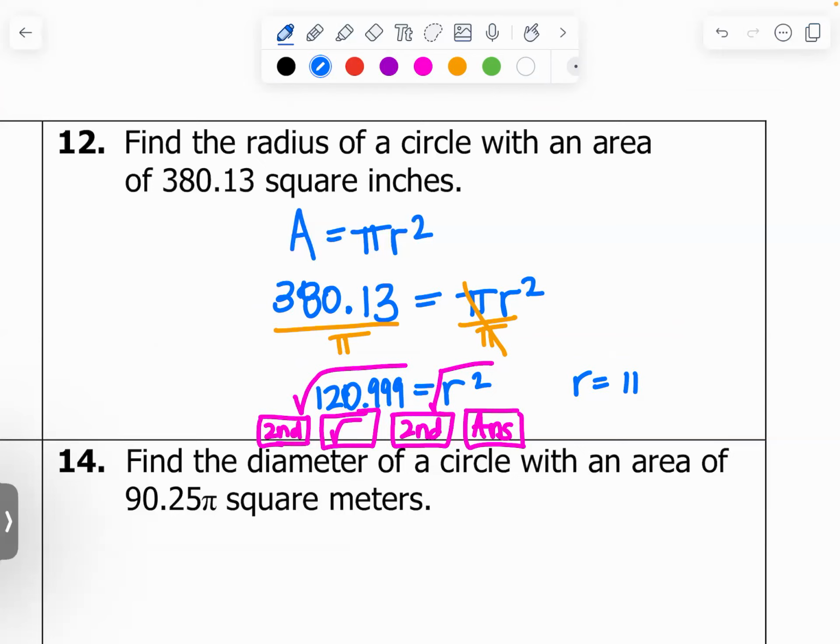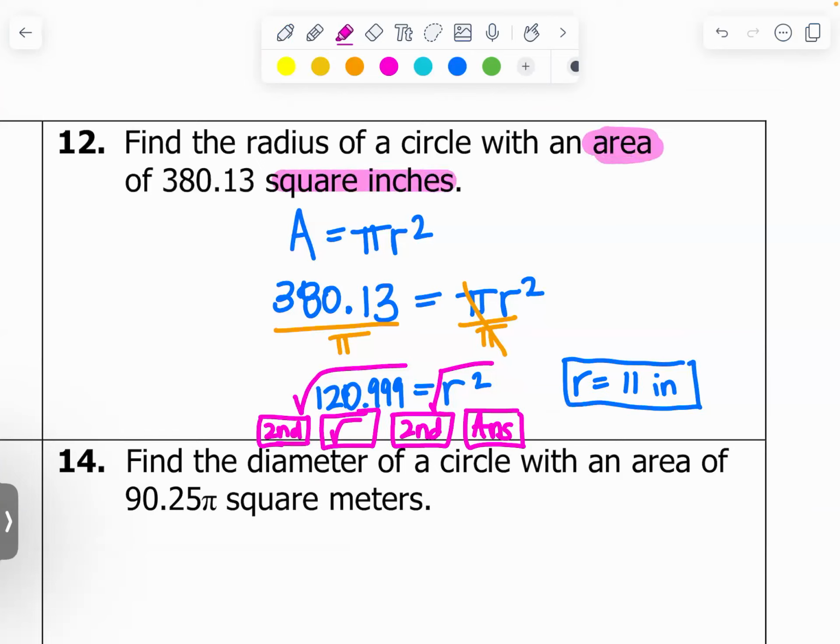Yard squared. We're on number 12. Oh, shoot, inches squared? Square inches. Just inches, people. We're talking about the radius. Oh. So our area was in square inches.